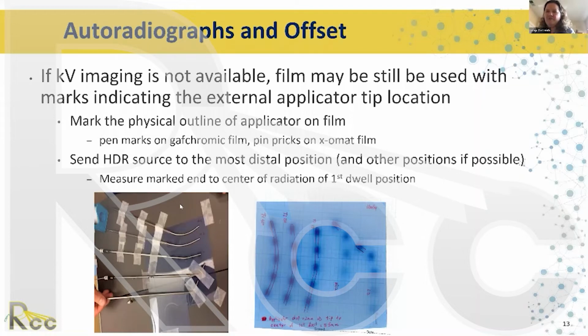Or, as I showed you before, if you have an applicator library, you can print out the applicator shape from the library and tape the film to that. From then on, you do the same thing. You send the HDR source to the most distal position and a couple of other positions at 1 centimeter distance, and you measure from the marked end to the center of radiation for the first dwell position. As you see on the film on the right, label your film in all possible details so you know a month later what you have in front of you.